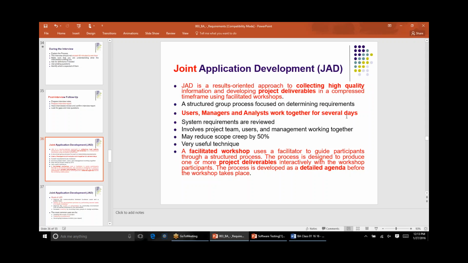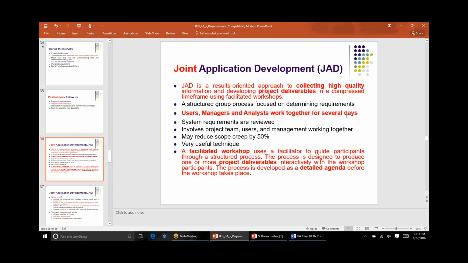So you have business users, you have technical people, you have project managers, and all those people are working together for several days to jointly develop the application. That is one of the primary concepts.